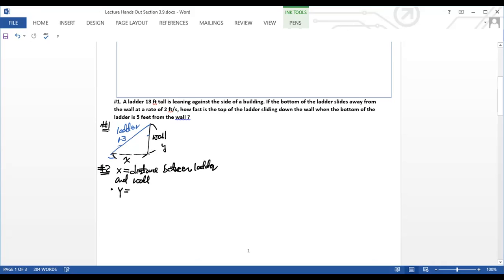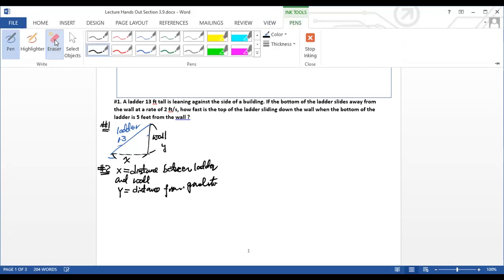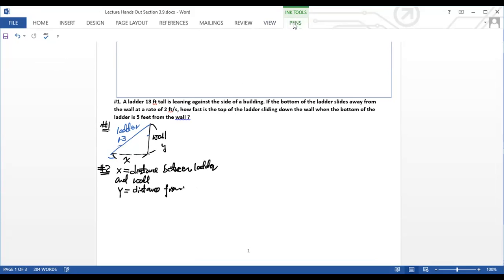So what is the y here? This is the distance from the ground to the top of the ladder. I need to write better so you can see my handwriting. Here I can say the x is the bottom of the ladder.